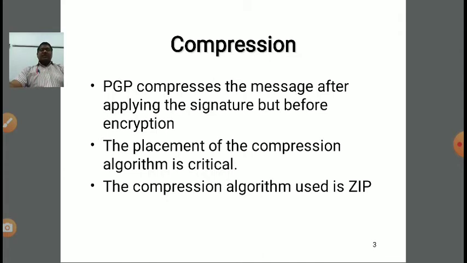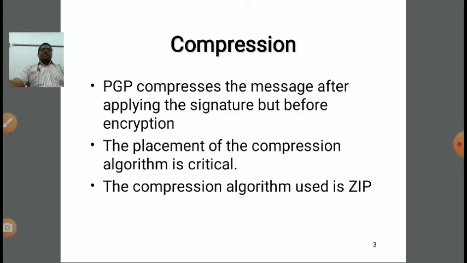The problem is that when I try to reduce the size, data loss might happen. So how to reduce the size without losing the data? For that we can perform a technique called compression. With the help of some software or application, we give our data as input, and in the output we get the compressed data, which will be in zip format.